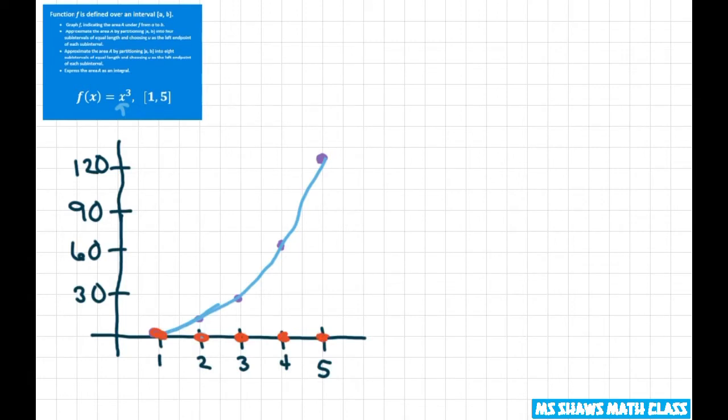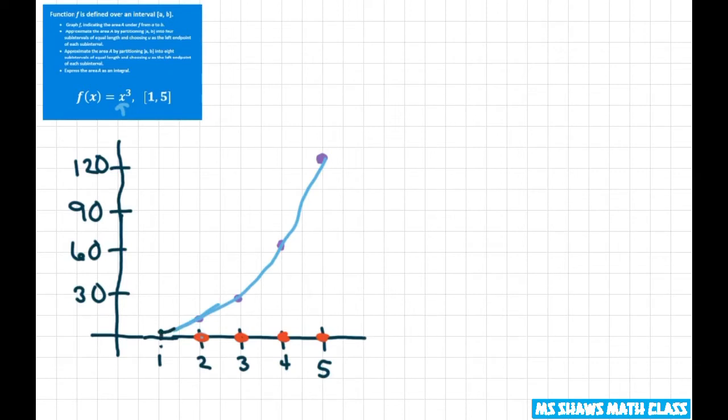That means the left endpoint. Since 1 cubed is just 1, this is going to be really hard to draw. We're starting at 1, which is right about there.